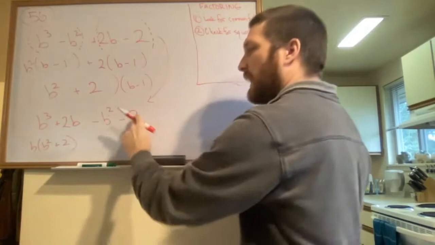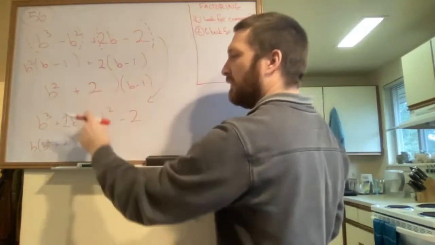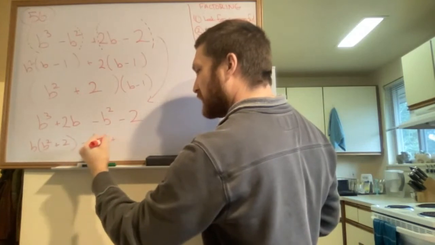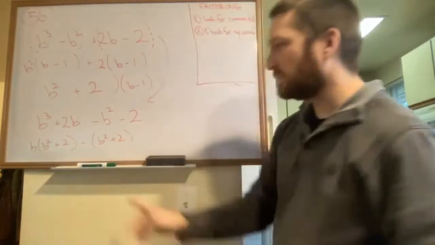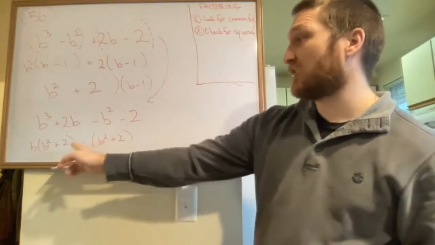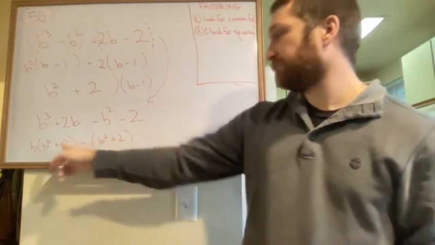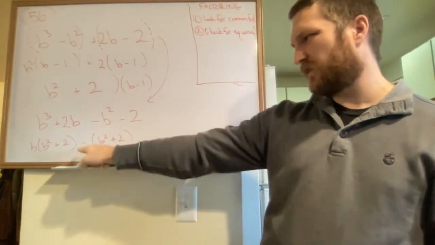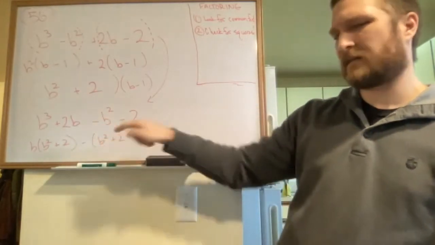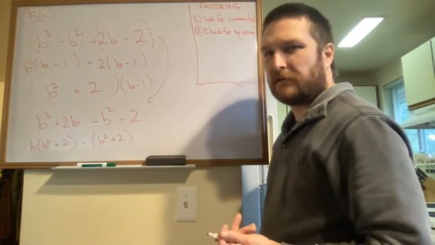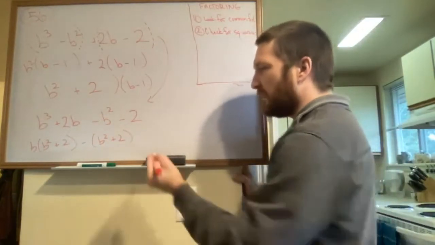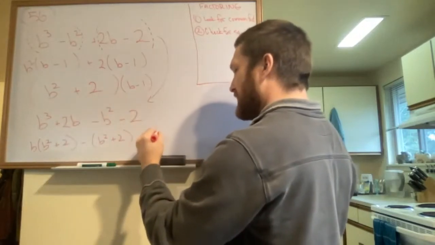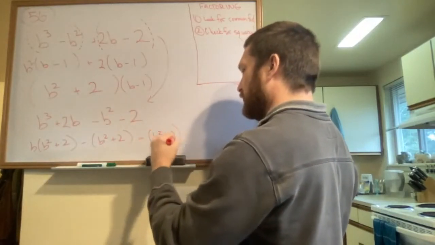Here I could pull out a -1 from each one, giving negative b squared plus 2. You'll notice that you actually get the exact same thing. You see how I did that? I factored out a -1 to turn it into minus 2 positives like that. So then from there I say, oh, I have a common factor of b squared plus 2.